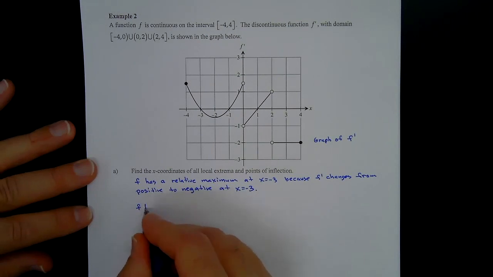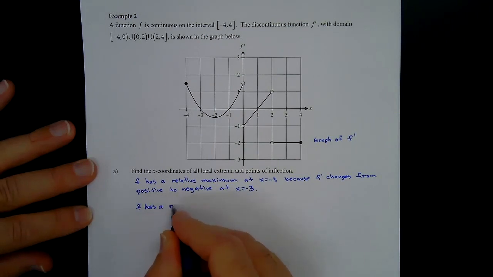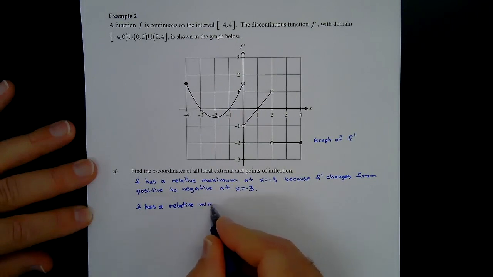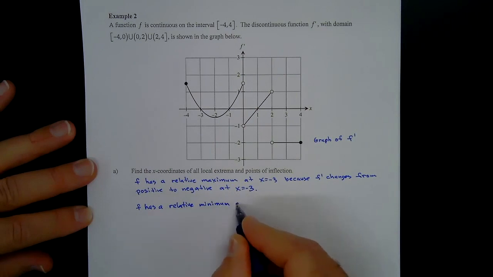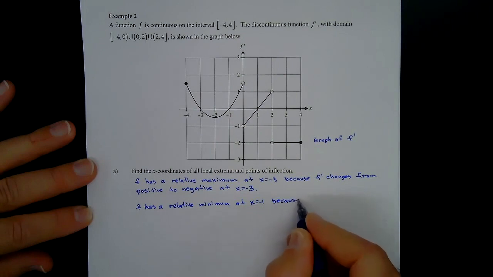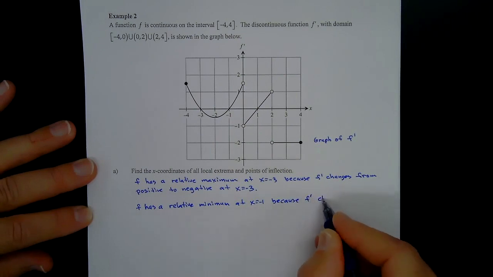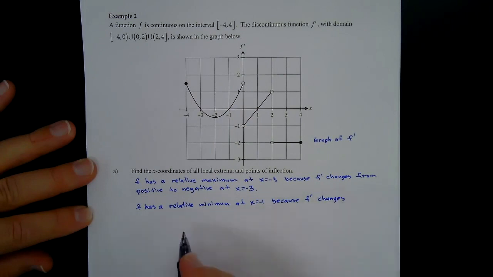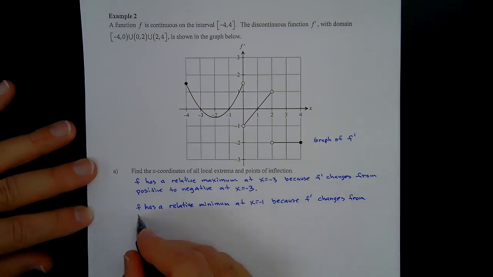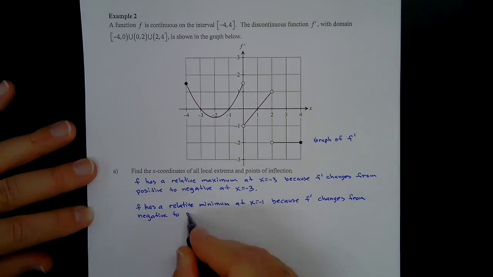So f has a relative, or local, relative minimum at x equals -1 because f prime changes from negative to positive at x equals -1. And the way it changes matters because that dictates whether it's a minimum or a max.